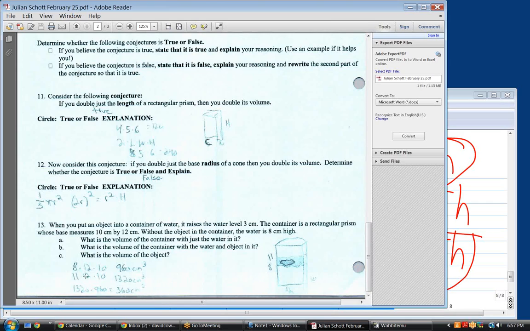Well, that's 11 times 12 times 10. You got that right. And when they say the volume of the container, they really mean the volume of the container up to the water level. That's really what they're asking. They're not asking for the volume of the empty container, even though that's what you would typically think they were asking.